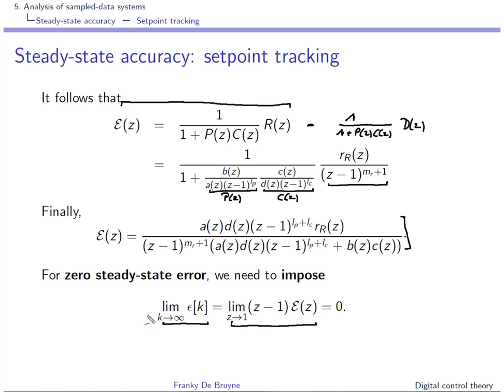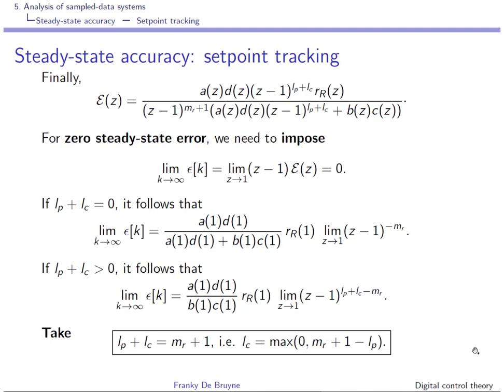So what you see over here is really the final value theorem, and this will allow us to find the LC that is necessary in order for your steady state error to go to 0 given a process and given a reference signal that you want to follow. So this is the expression that you had found for epsilon z.